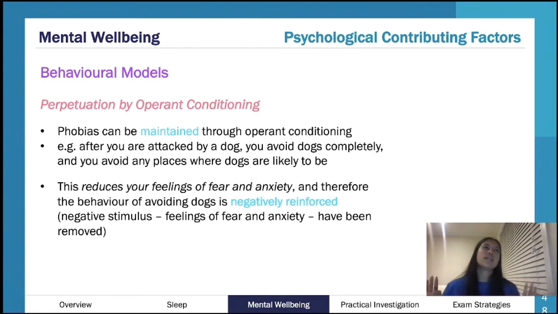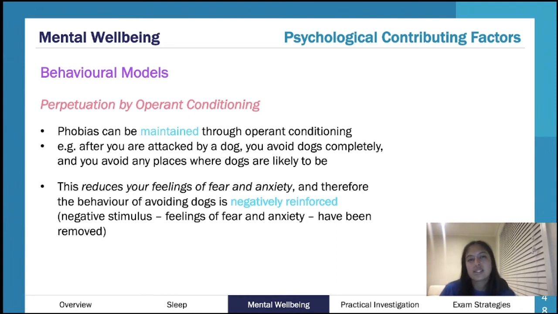So if someone says, hey, let's go to the dog park, and you say, no way, I'm not going to the dog park, you're basically being negatively reinforced to not go to the dog park because you are not feeling those feelings of fear and anxiety and all of that sort of stuff.